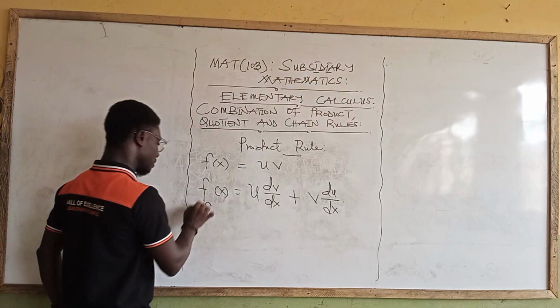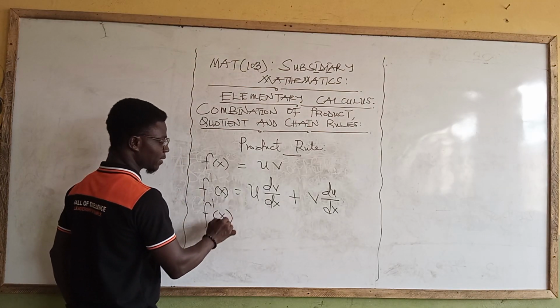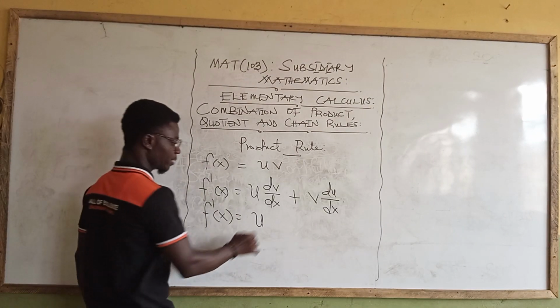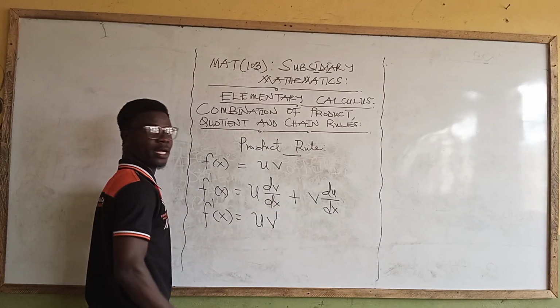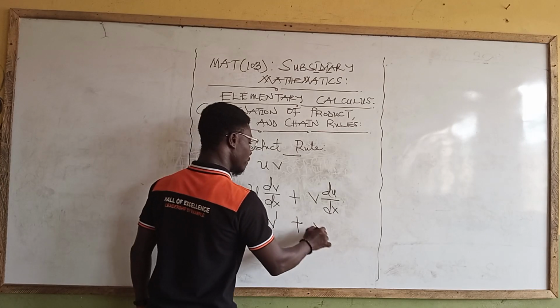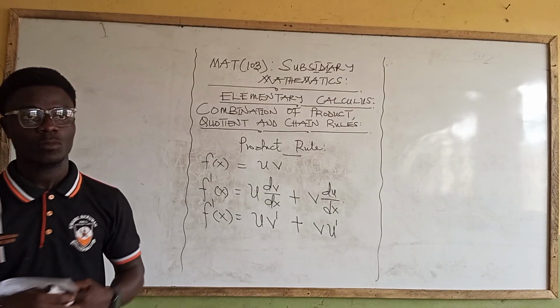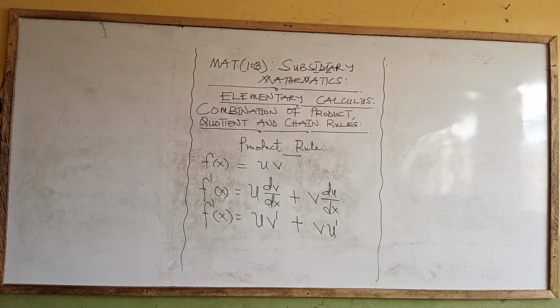So we can write it as f prime of x equals u v prime plus v u prime. So this is what we have.